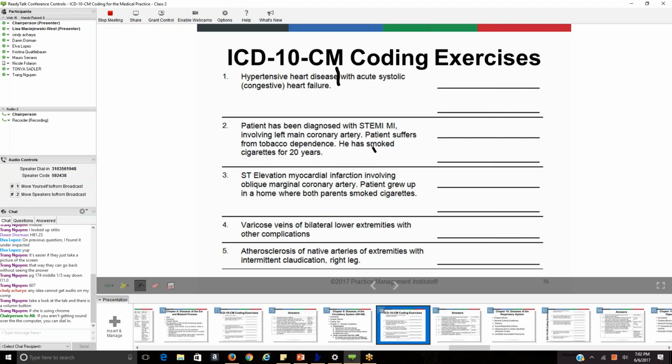I looked up infarction, and then I went to myocardium or myocardial, which is on page 181.